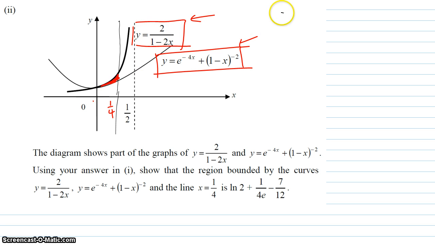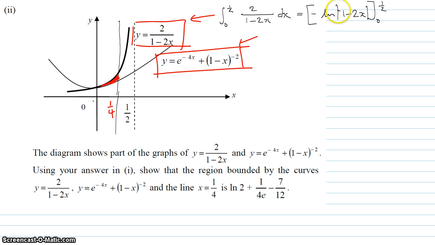So this first area is the integral from 0 to a half of 2 over 1 minus 2x dx. And using our answer from part 1, I know this is just 2 times what I had previously. So this is just going to be minus ln 1 minus 2x between 0 and a half. And I'll do this calculation in a bit.